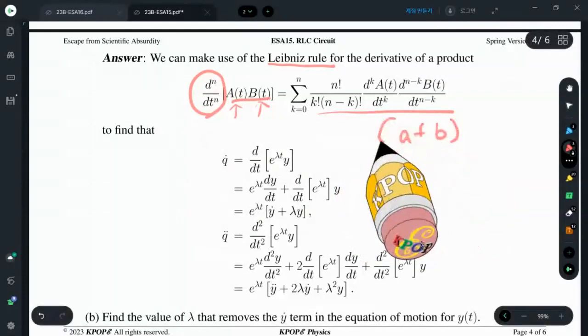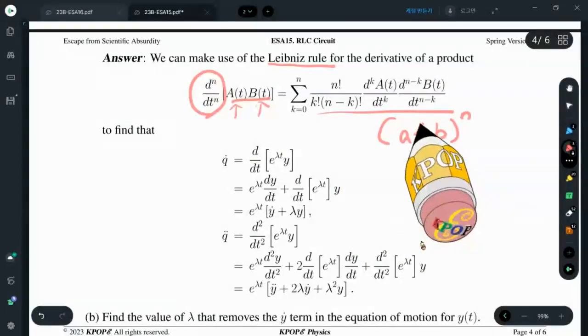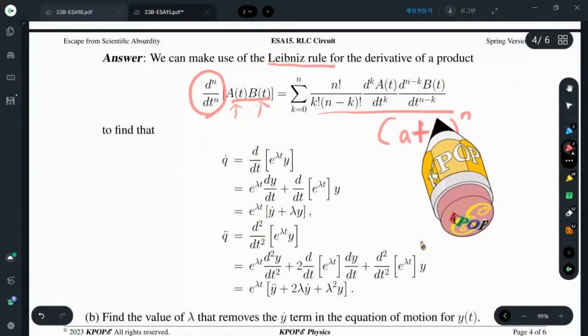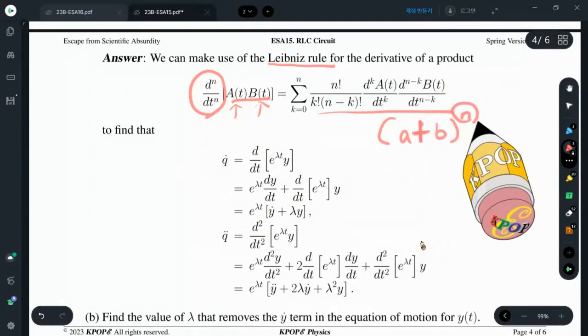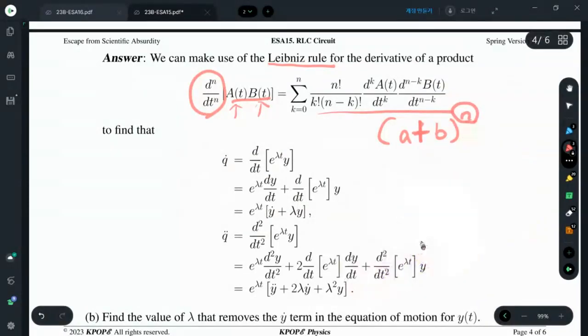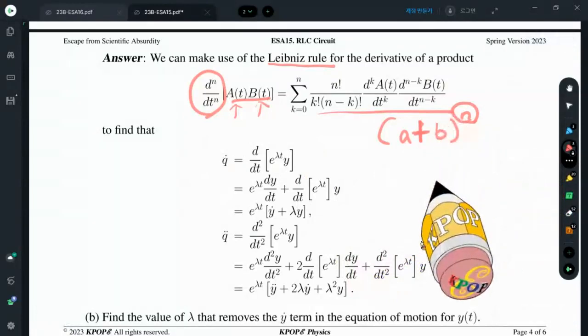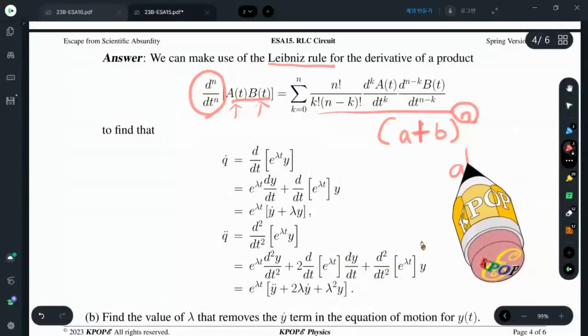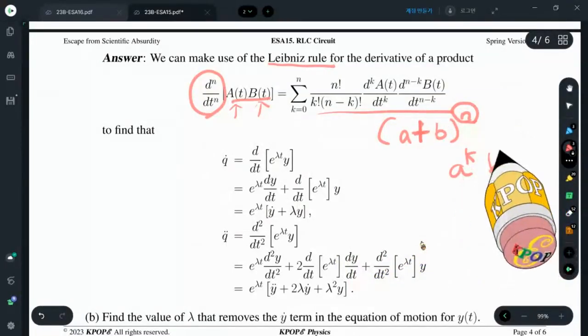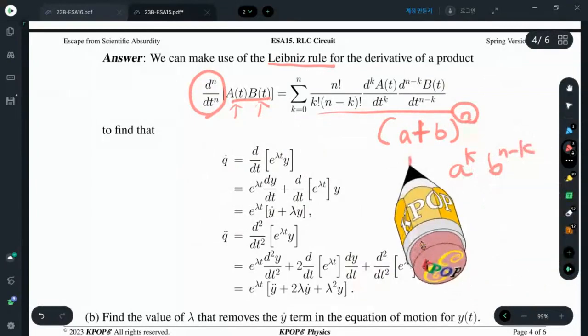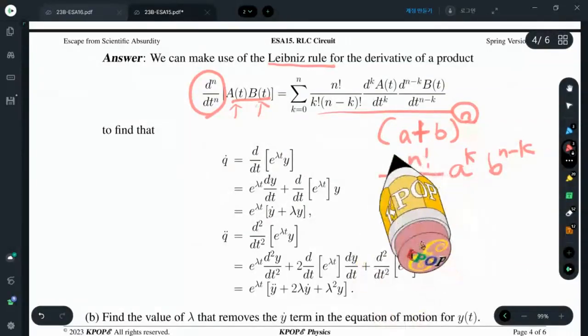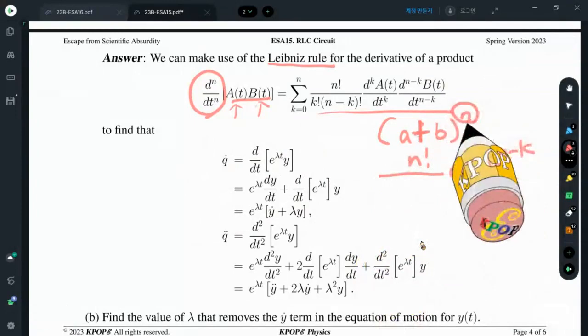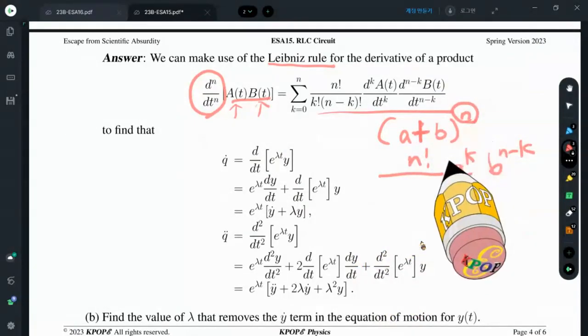So we have two terms raised to the power n, then we need to find the multiplicity of the term carrying a's kth power and b's (n minus k)th power, that is n factorial, for the whole permutation.